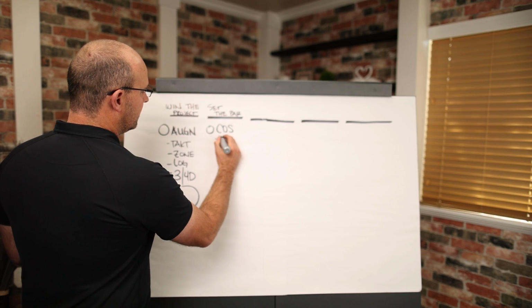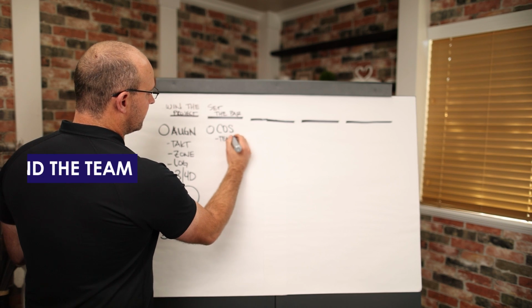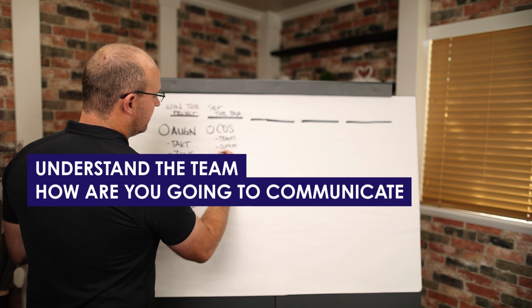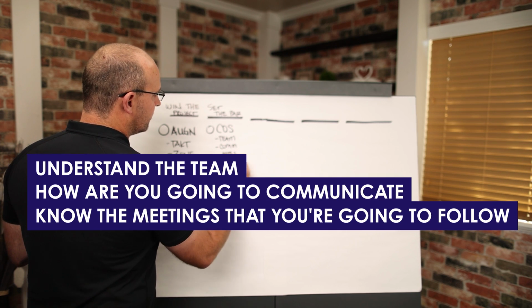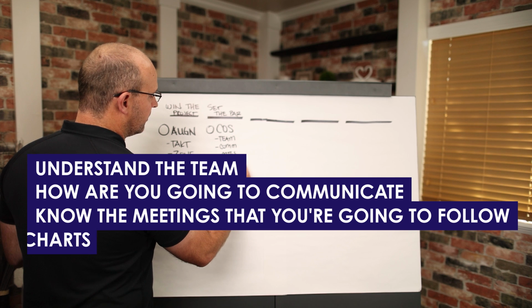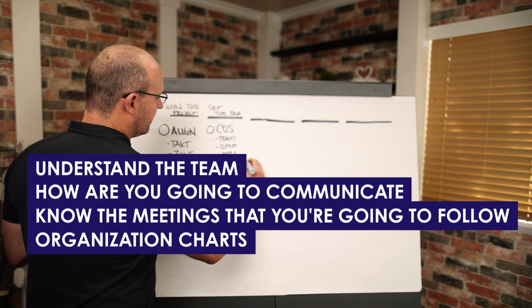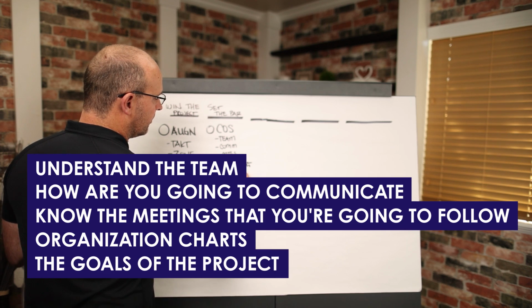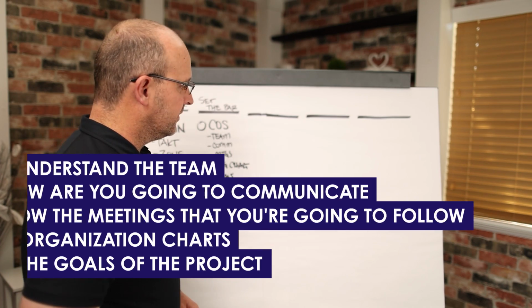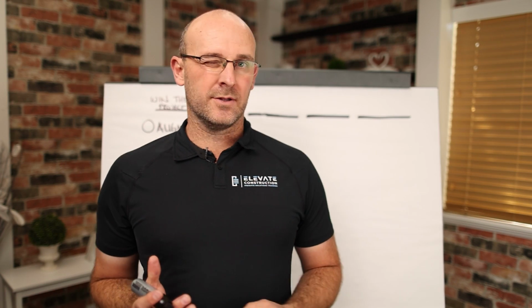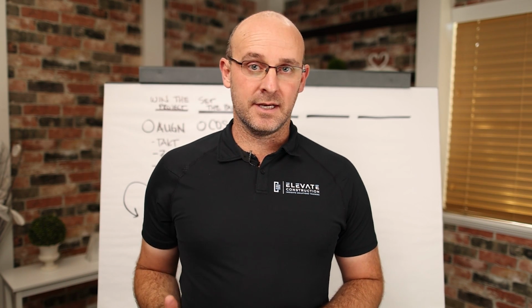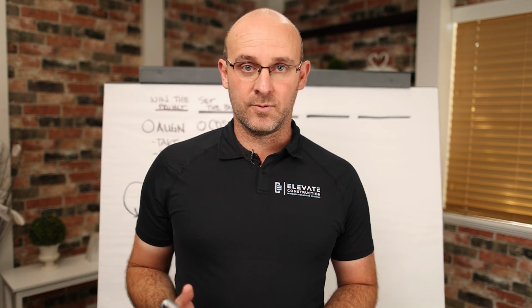And as a part of that, you will make sure that you understand the team, how you're going to communicate, the meetings that you're going to follow, the org chart that really explains how everybody ties together, and the goals of the project. So you've really set the parameters. What would winning look like? That's really what you're going to do in that concept schematic design portion of pre-construction while you're doing design.